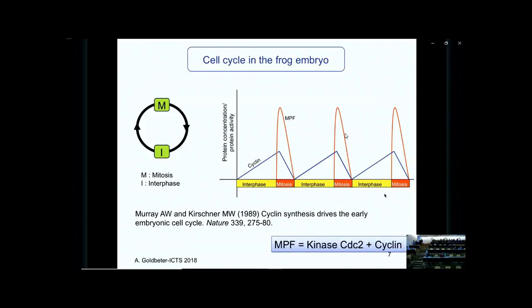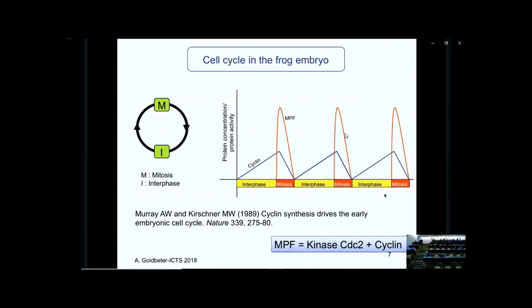So I'm really reviewing the salient features of the phenomenon for those of you who were not exposed to the topic before. And it was also found that MPF is a complex between two proteins. One of the proteins is an enzyme, which was found to be CDC2.